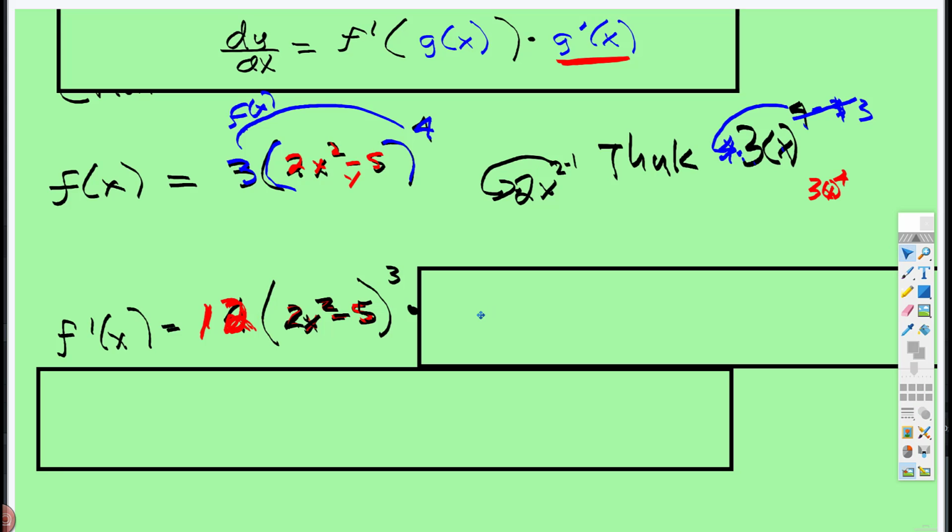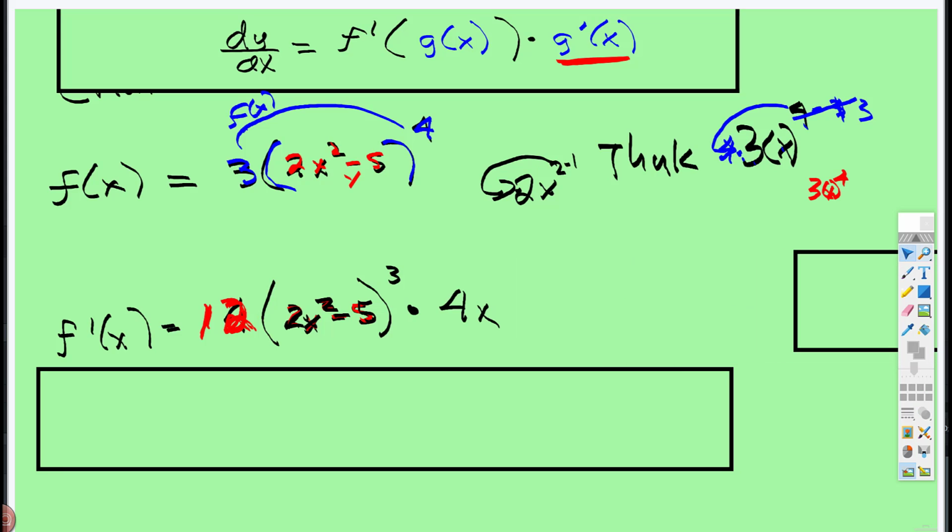So the derivative of 2x squared is 4x. And then, so I'll call this h, since this outer one is f and this inside one is g, the chain rule produces an entirely new function, and I'm going to call that h prime.